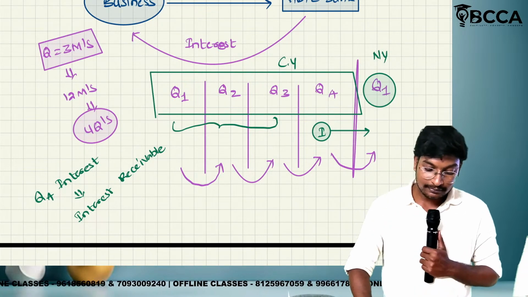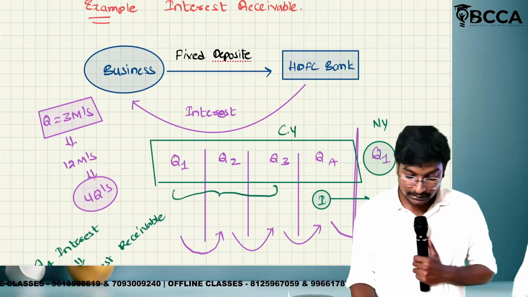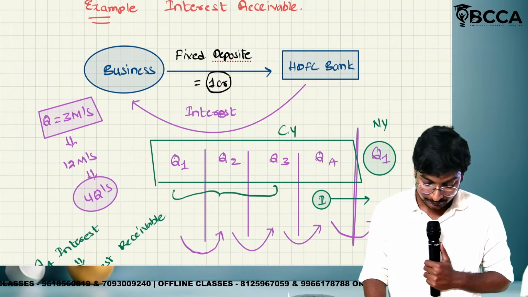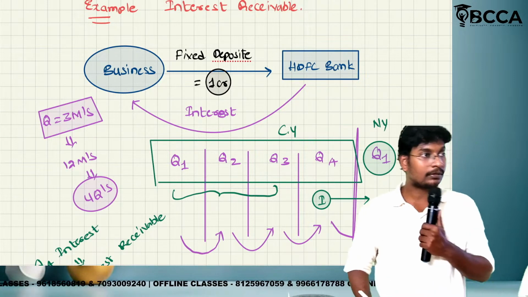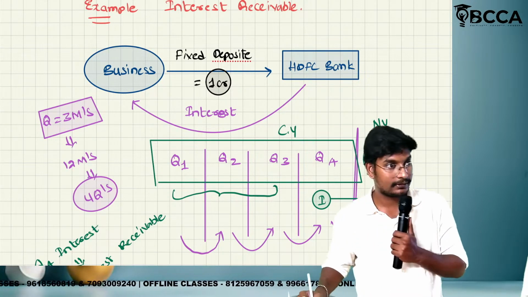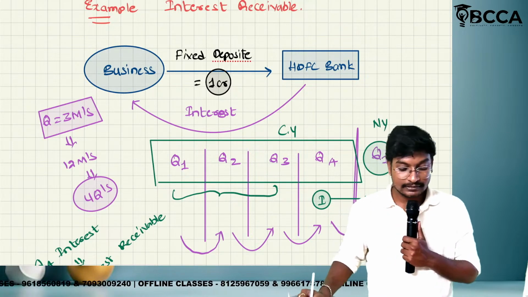Imagine we are having a fixed deposit of 1 crore rupees, on which we will get interest of 1% every year.